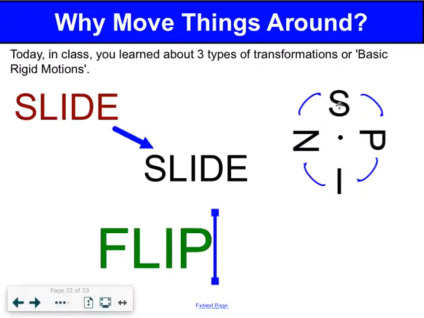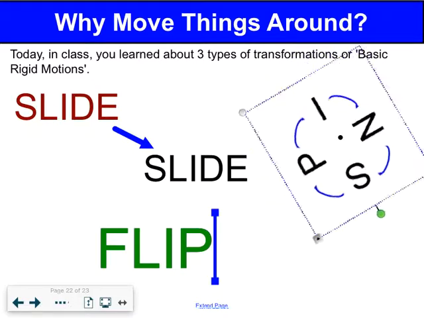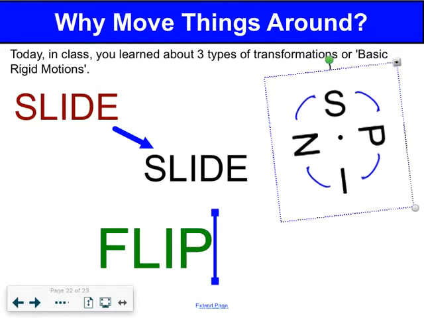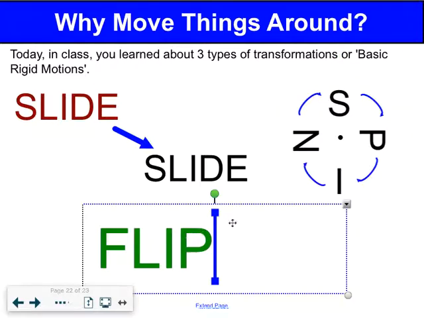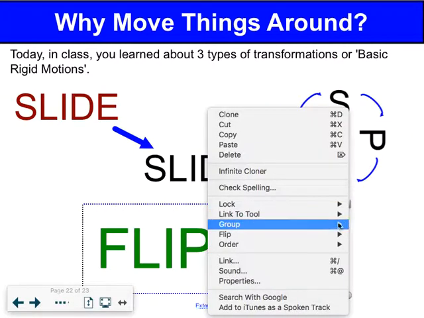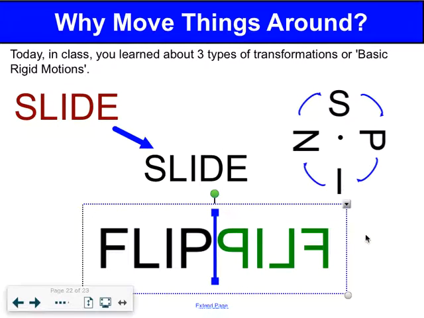The second one is where we have a figure or an object that is turned, or we spin it. And this we refer to as a rotation. The other one we talked about was when we flipped a figure or an image, and that is known as a reflection. So we have a translation, rotation, and a reflection.